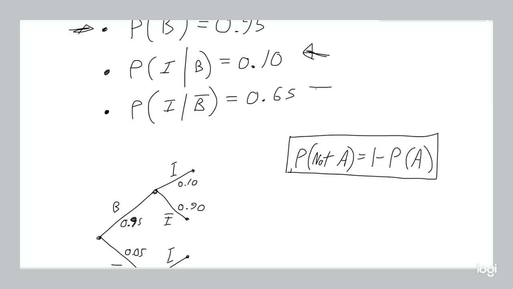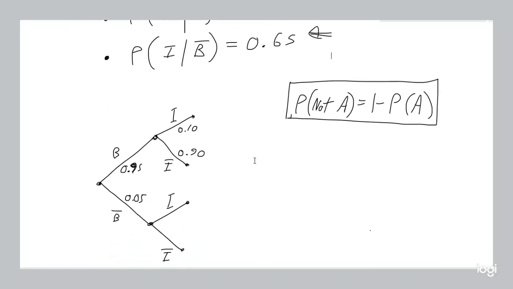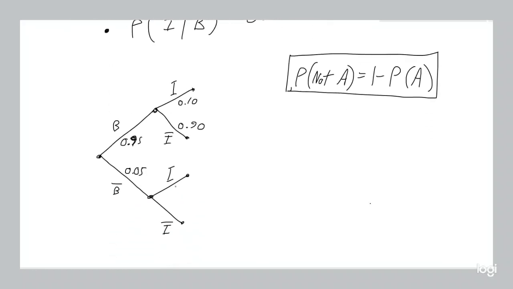We're also given the probability of them getting injured if they're not wearing a seatbelt, that's 0.65. And again, the probability of them not getting injured given that they're not wearing a seatbelt will be 1 minus that, which gives us 0.35. And here I'm just going to say injured or not injured, with the understanding that I mean injured or not injured after a serious accident.